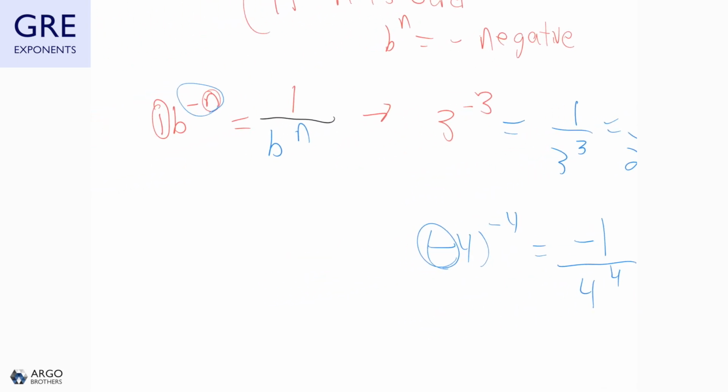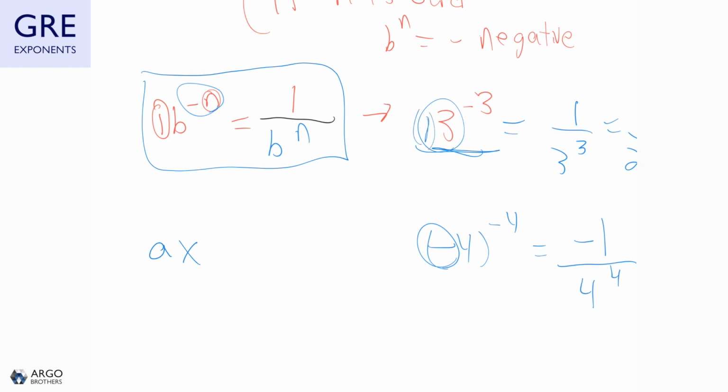Okay, so this is the rule. B to the negative n power is 1 over b to the n. The general rule is, I'm going to write a as a coefficient of a number and x as a variable. So in this case, x would be 3, and a would be this 1 here. Okay, so a is a coefficient.